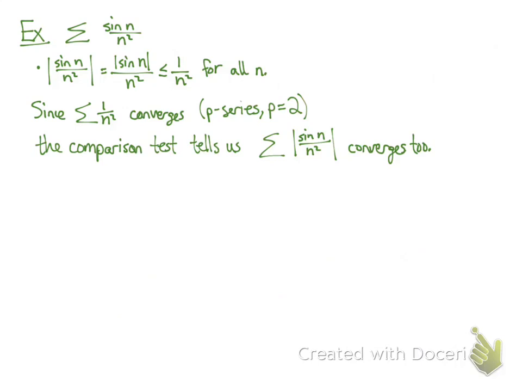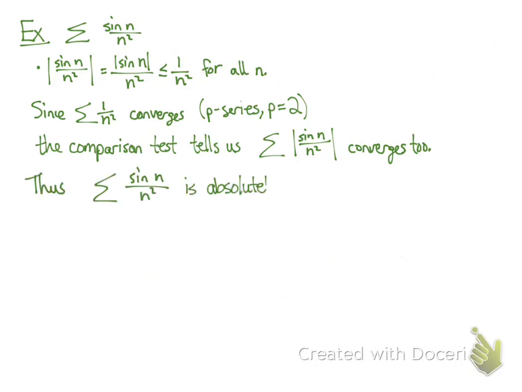So I forgot that I was dealing with sine of n over n squared. Instead, I'm going to deal only with the series absolute value of sine of n over n squared. It is smaller than a convergent p-series, and it is positive, therefore the comparison test tells me it converges. So this series of absolute values converges.